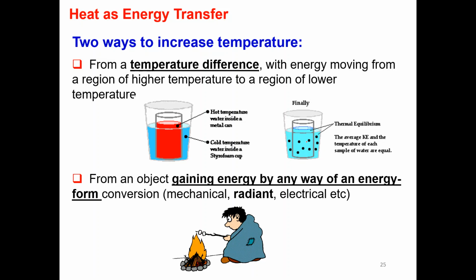The other way is that the object can gain energy from any other form of energy, for example mechanical energy or radiant energy. If it is sunny outside and you put some water in a cup outside, after one hour you will see the water is warm, because the water gained radiant energy.